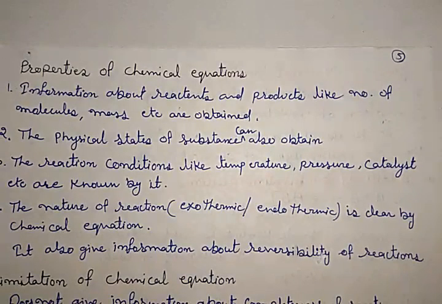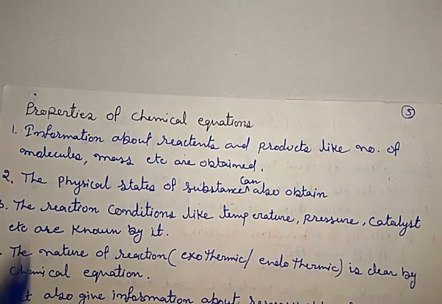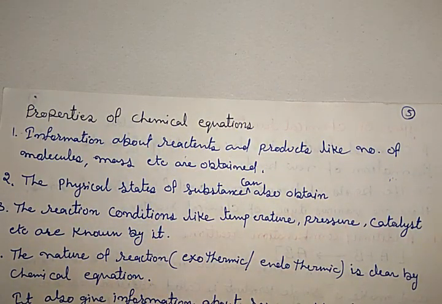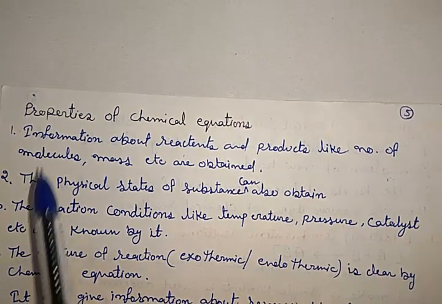Okay, now after discussing the chemical equations, how to balance or how to write the chemical equation, let's move to some theoretical portion, which is the properties or importance of chemical equation.